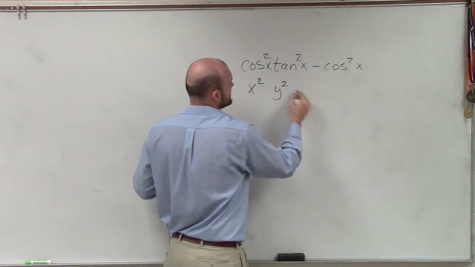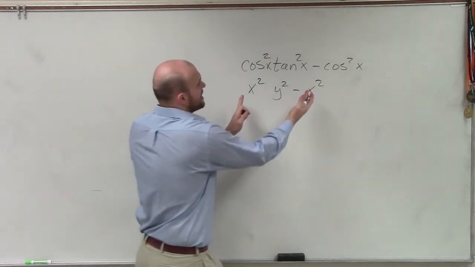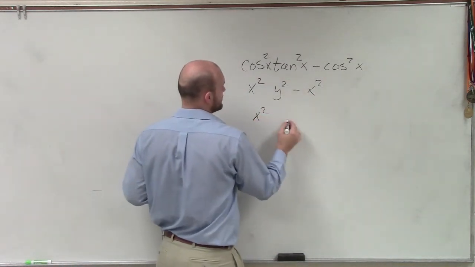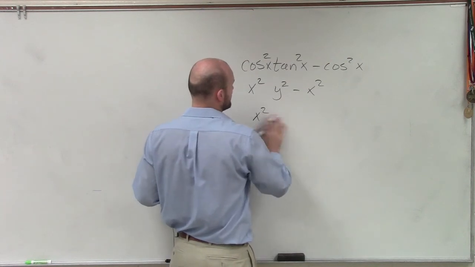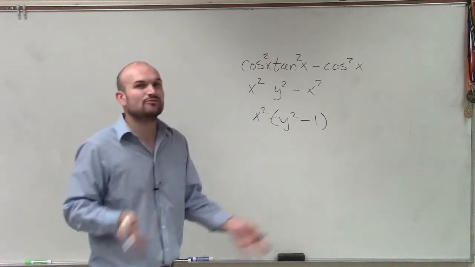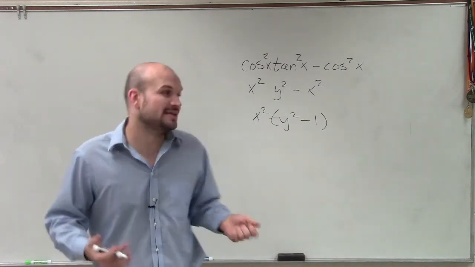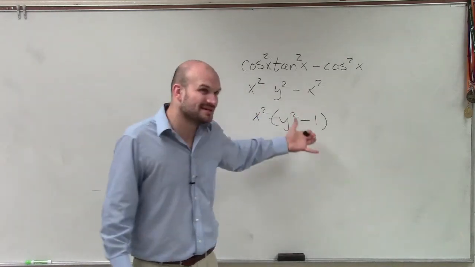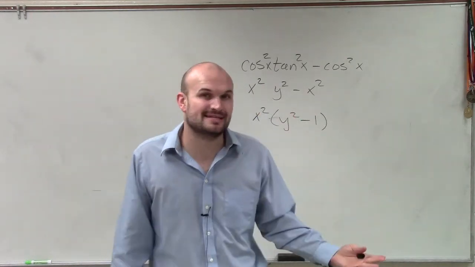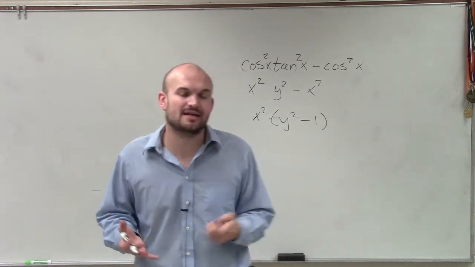Write this in terms of variables, something that maybe you're familiar with. Then you could say, oh, I can factor out the x squared. So I factor out the x squared, and I'm left with y squared minus 1. Then go back and replace your terms with sines and cosines or tangents or whatever you need. This is very helpful for factoring as well as adding or subtracting rational expressions, or trying to multiply by the conjugate.